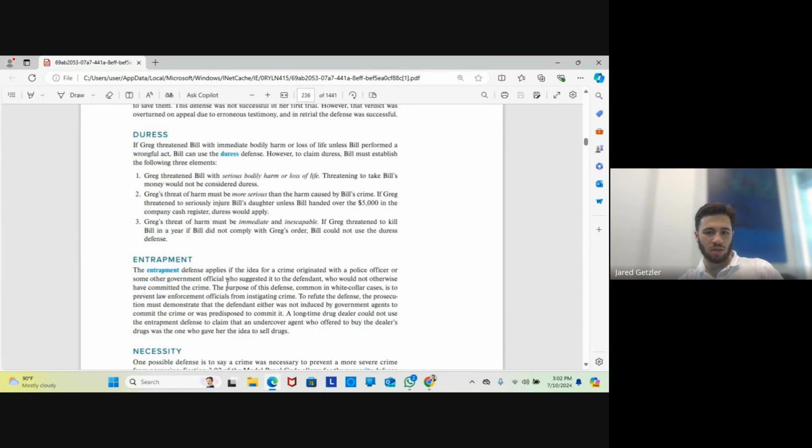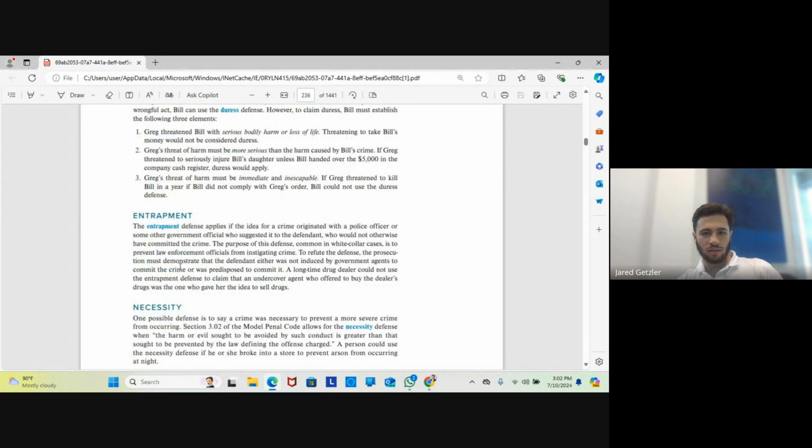So entrapment means that, for example, the crime originates with a police officer or another government official who suggested it to the defendant. So let's say, for example, a cop states, "Hey, you bribe my guys and you'll be all good to go through this checkpoint."